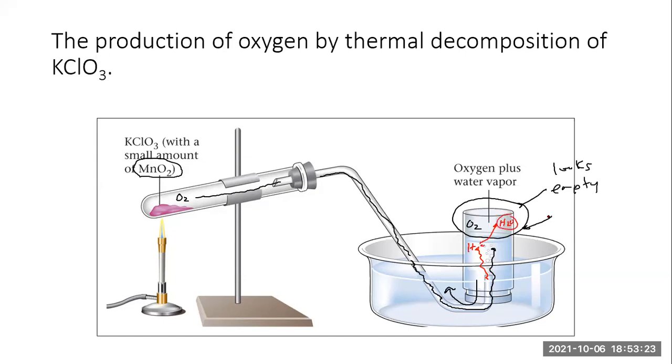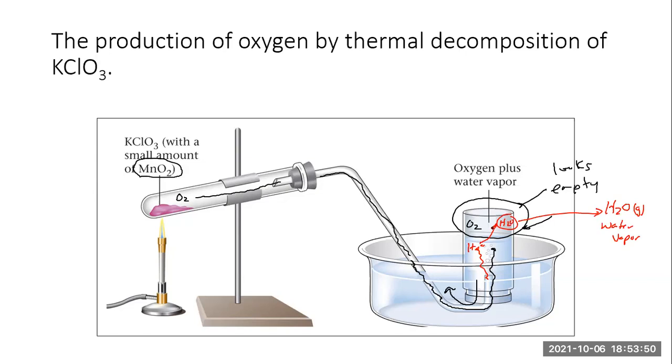You get what is referred to as water in the gas state, which is also known as water vapor. So you actually end up collecting two gases in this case. You collect the oxygen gas, which is really what you're interested in, but then you also collect some water vapor, which is the gas version of water, which you're really not interested in at all.